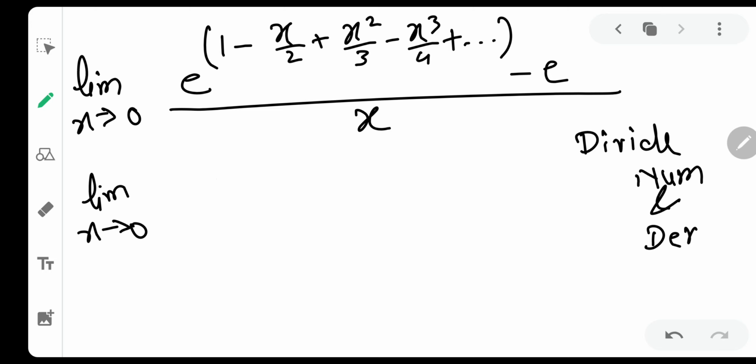Yes, this was a simple task we needed to do. This is very easy.